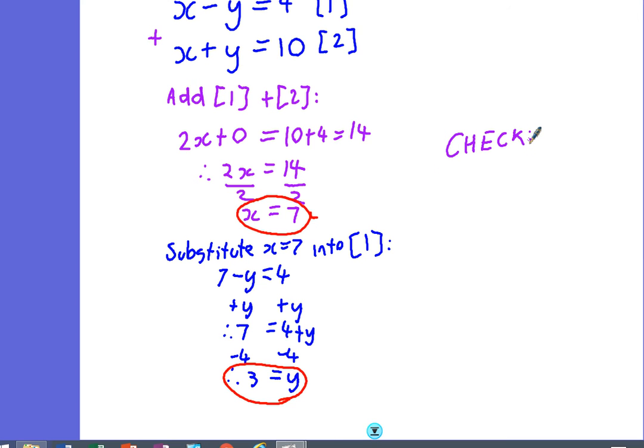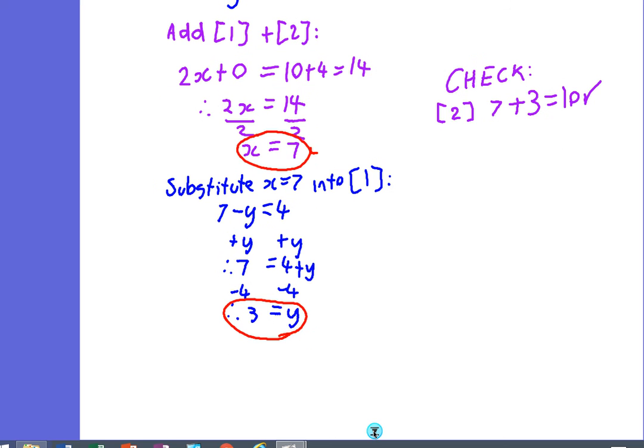So we only have to check in equation 2. Equation 2 is x plus y equals 10. So we think that it's 7, which is x, plus 3, which is y, is equal to 10, and that's correct. So we have the solution.